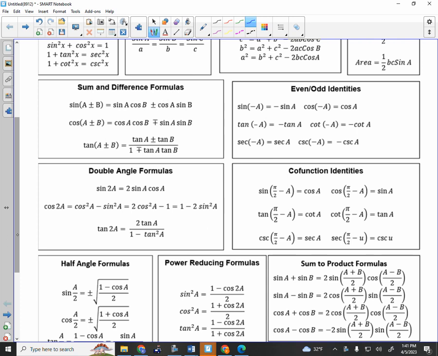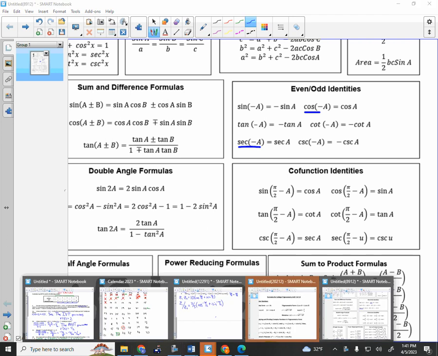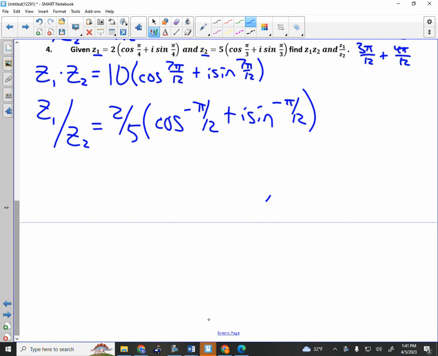So sine of a negative, the negative pops out front. But what happens to cosine of a negative? It vanishes because it's an even function. So this is an even function. It disappears. Odd functions, it pops out front. Okay? So what you can just remember is that cosine and secant, as they're reciprocals, the negative disappears because they're even functions, whereas all the others, the negative just pops out front. So that was from your last unit. You do, again, get that sheet on the test, but that's an important thing to note for this, that you remember what to do with the negative.